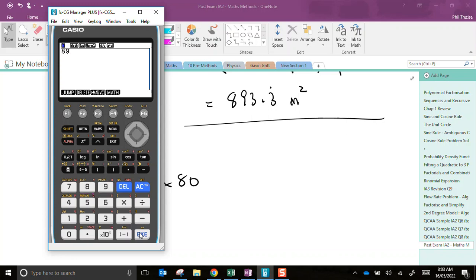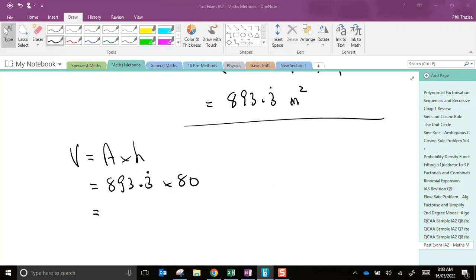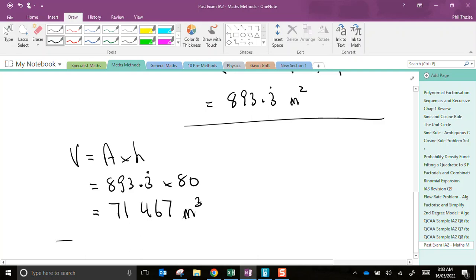And 893 point, just put a few of those decimals in place, multiplied by 80. And that's a big number, 71,466. I'll round to the nearest cubic meter, and that's cubic meters. And that is the end of our question.